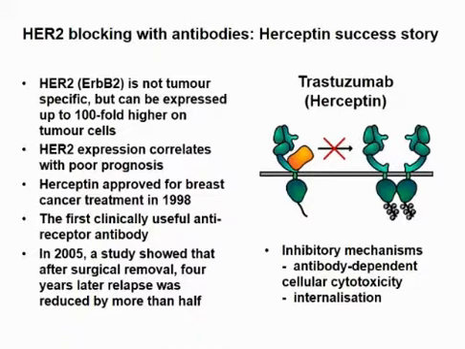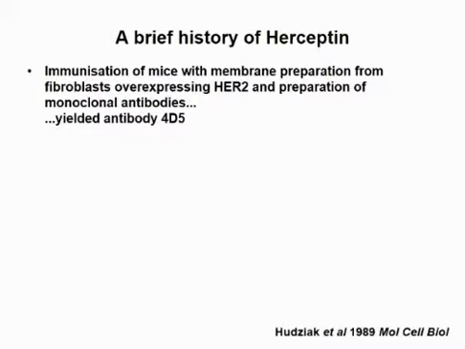So it's a way of just removing the receptor from the cell surface. And the other way it works is by antibody-dependent cellular cytotoxicity. So it flags up to the immune system, here I am, I'm an antibody, I'm bound to this tumour cell, come and kill the tumour cell. And the way that works, I'll get to that in the end.